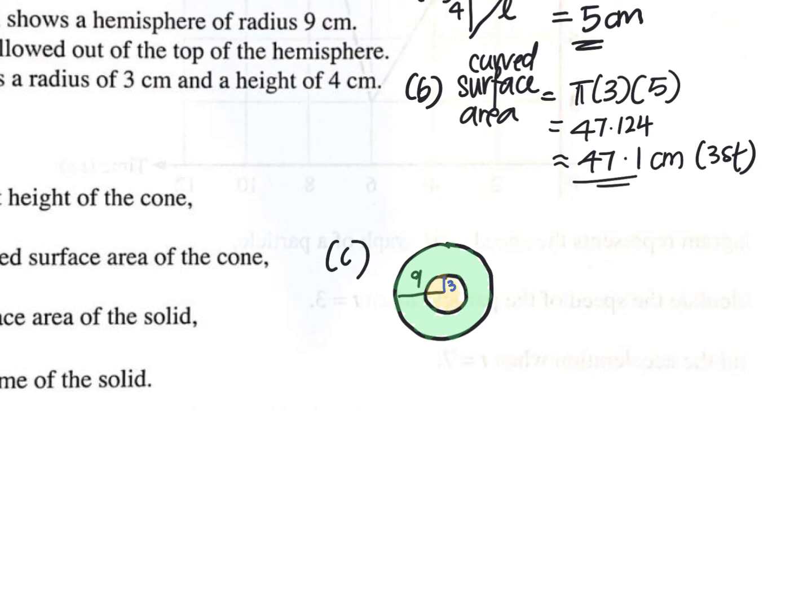There's a hole there, so I need to subtract. So area equals pi r squared, the bigger circle, minus the smaller circle area, pi 3 squared. And that gives me 226.19. Okay, so that's the first part.